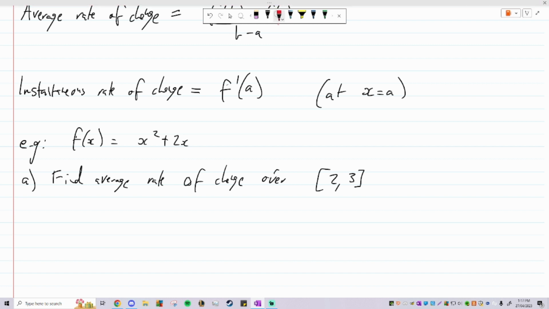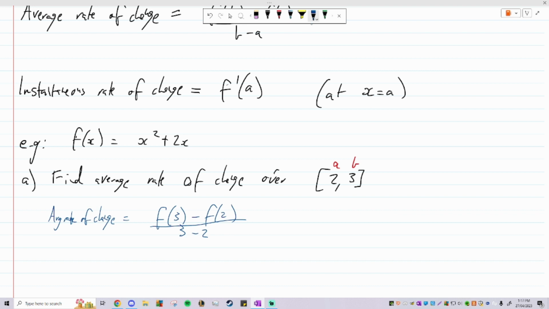So we're going to do average rate of change equals f of 3 minus f of 2 over 3 minus 2. Now the order of this doesn't matter.